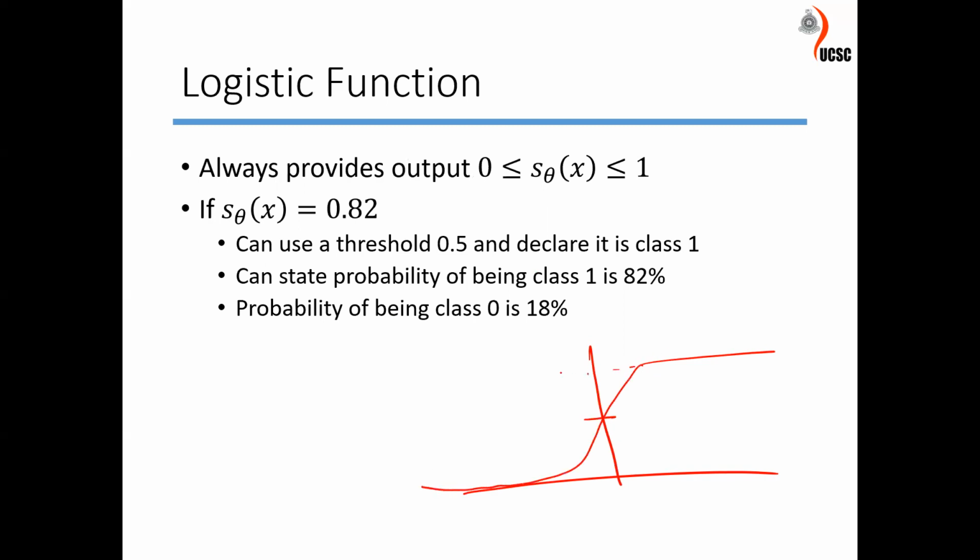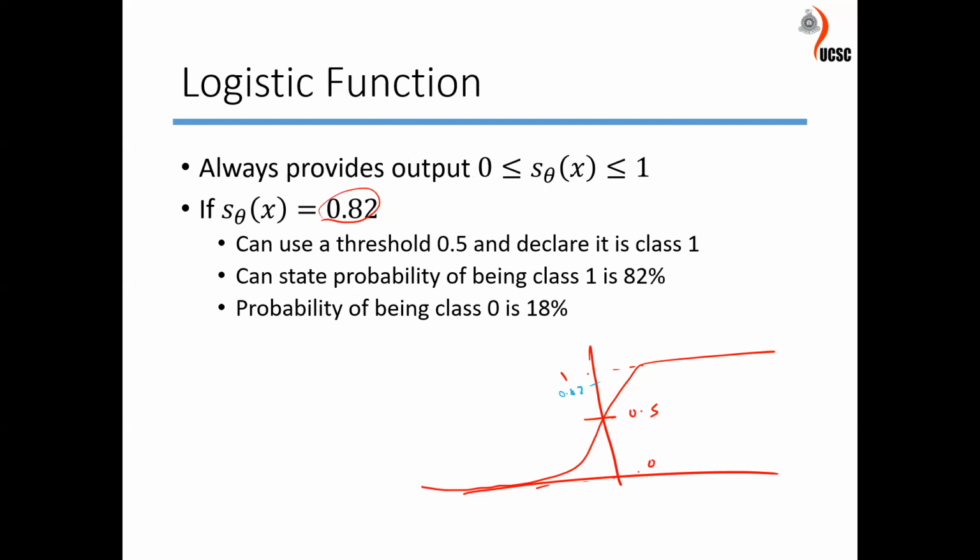So this is 1, this is 0, and this is 0.5. Our function basically gives us 0.82. That's some place like here, some place like this, 0.82.